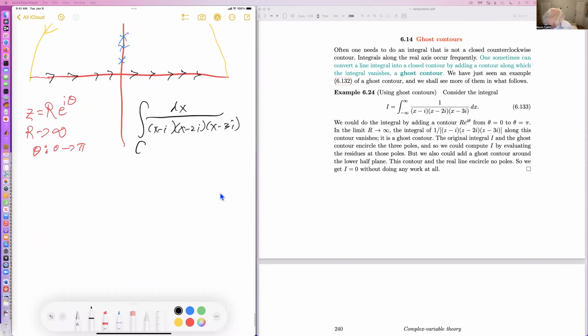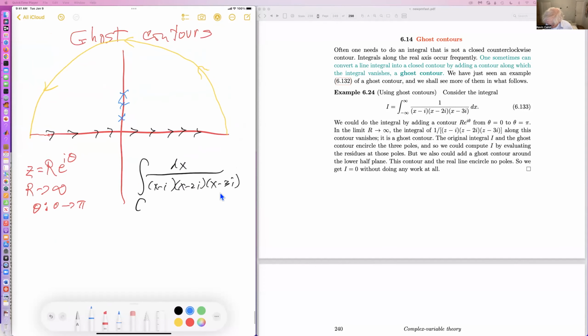Well, the clever thing to do is to add a different ghost contour, namely one that goes around like this. This also is a ghost contour, and so the integral along the blue line is 0. And so this is an integral of an analytic function in a region of analyticity, and it's a closed contour.